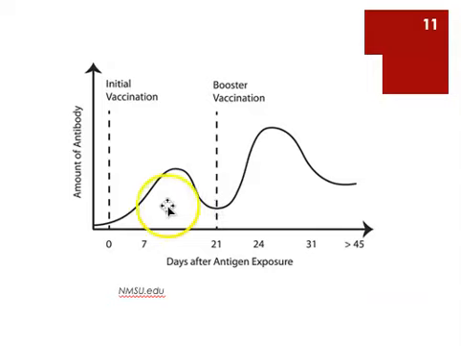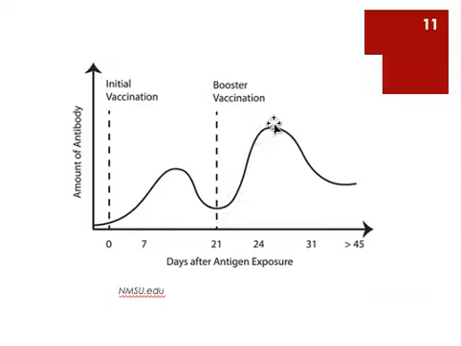If I trace this over to the y-axis, this person still has antibody circulating, but not nearly as much as they did a week ago. This is the prime time for the booster, when the antibody levels have dropped down considerably, but the person still has some antibody. If you booster at that point, look what happens.